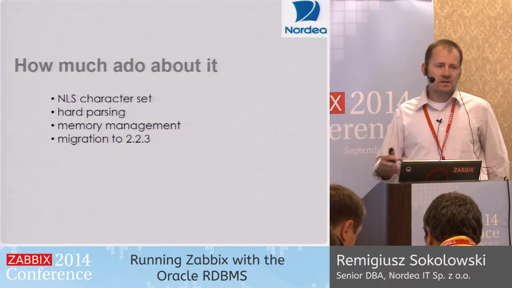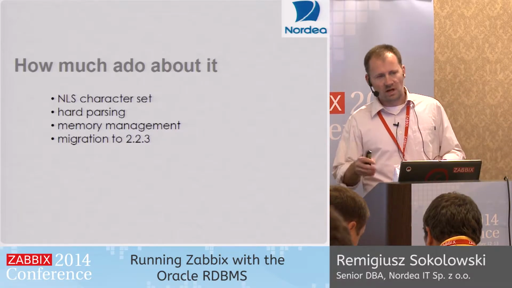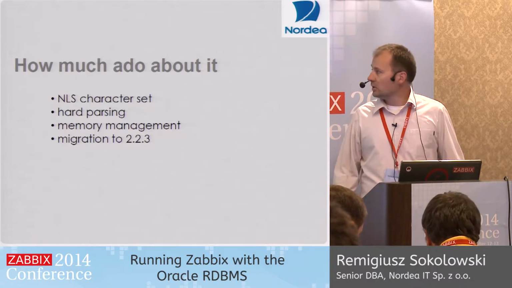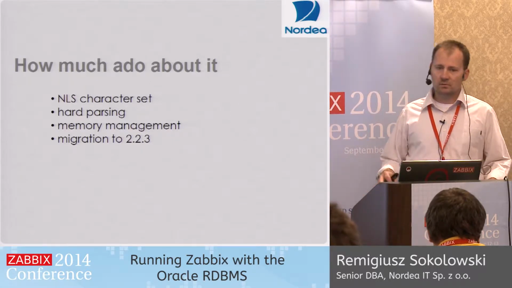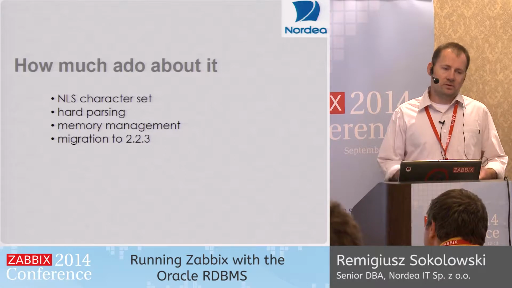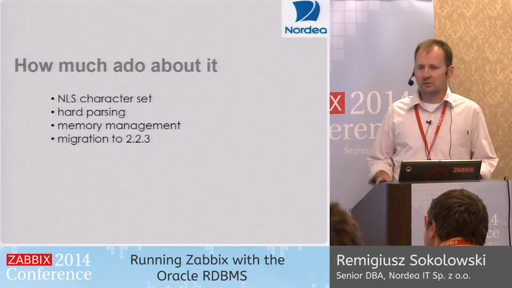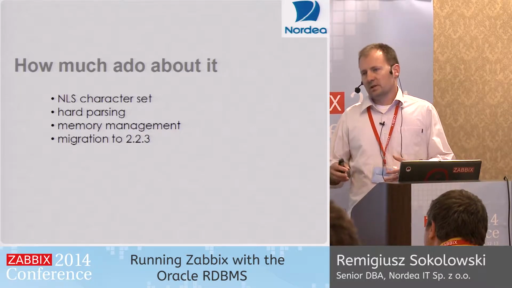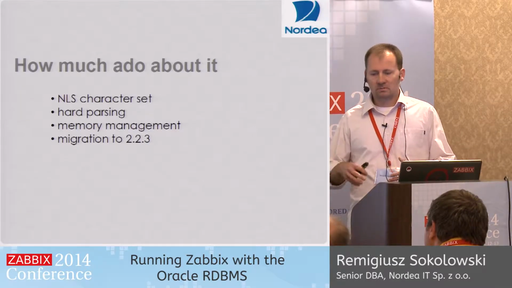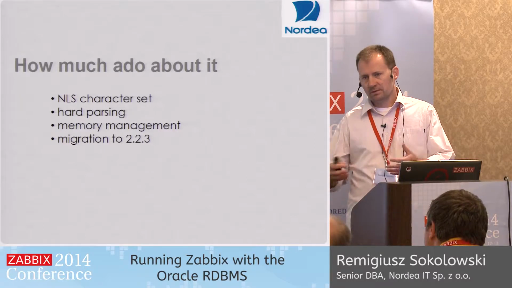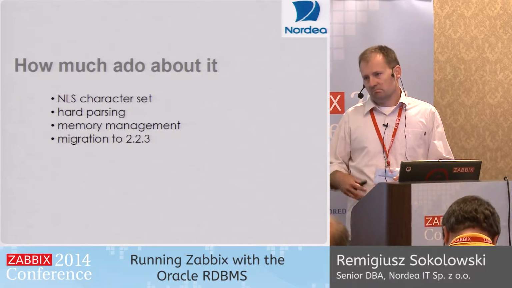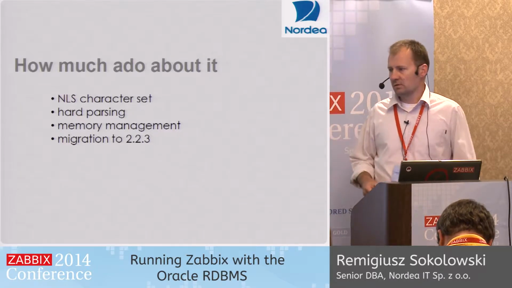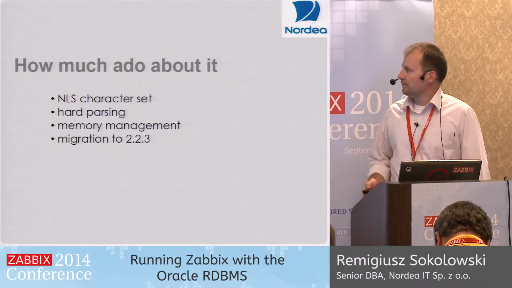The whole presentation will be divided into two blocks. The first block is about issues you may hit if you choose to use Oracle RDBMS as a backend. And the second part lists our improvements to the performance of the system or usability maybe.